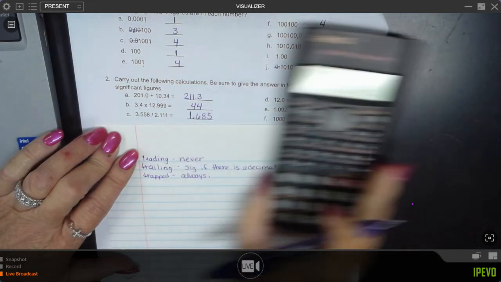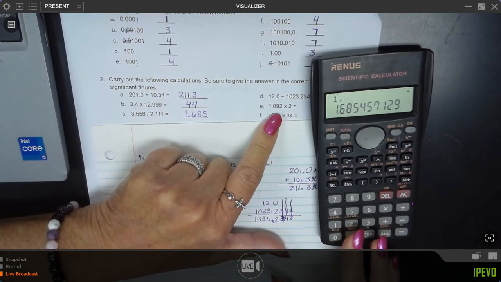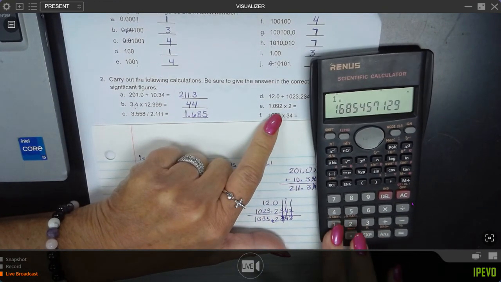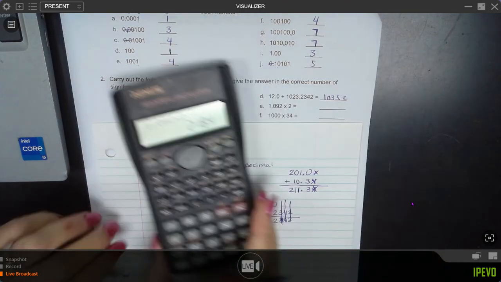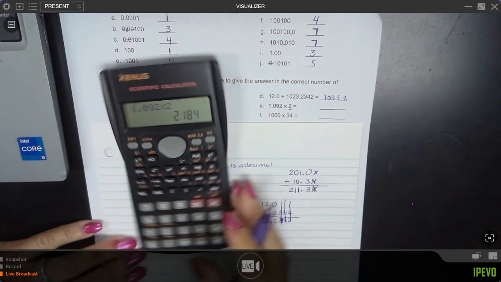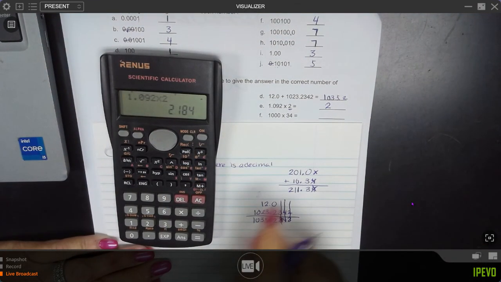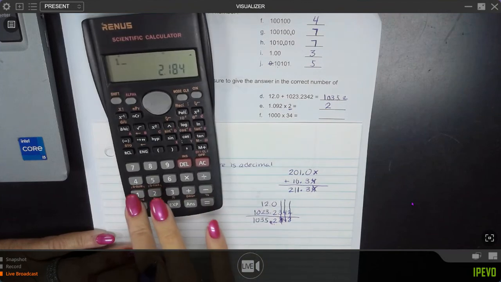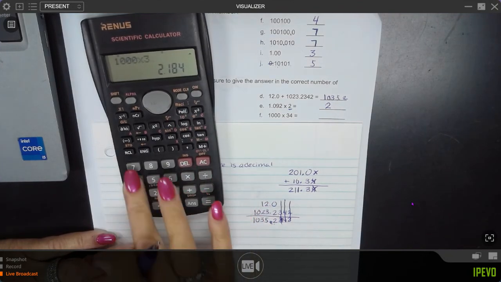All right, over here, 1.092 times 2. Okay, I can only have 1 sig fig in my answer, so my answer is just going to be 2. And then last one, 1,000 times 34.